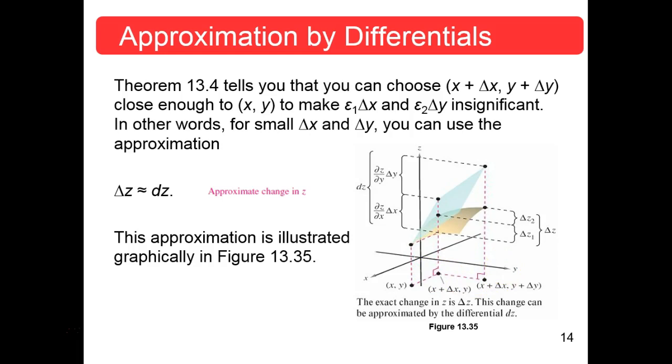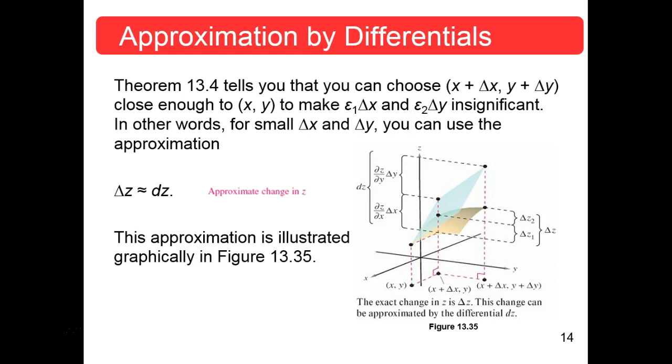Now, frankly, this says if you make the x, y close enough to x plus delta x, y plus delta y, these aren't very close. They've exaggerated so they can see them better, I guess. But you see the y value is actually less than the delta y value. So those aren't super close at all.